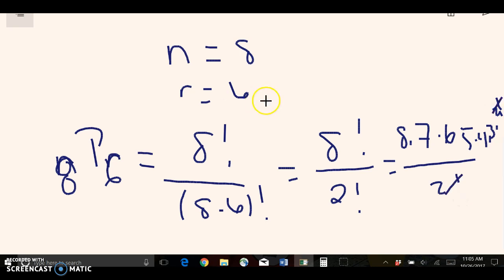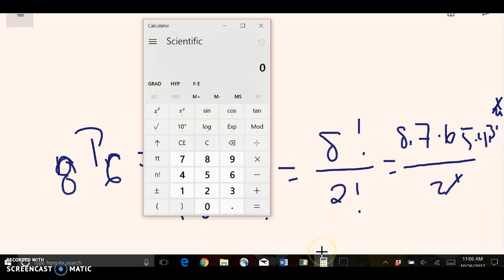Sorry, I ran out of space. And I'll multiply that out: 8 times 7 times 6 times 5 times 4 times 3, with 2 factorial crossed out, so that's 20,160.